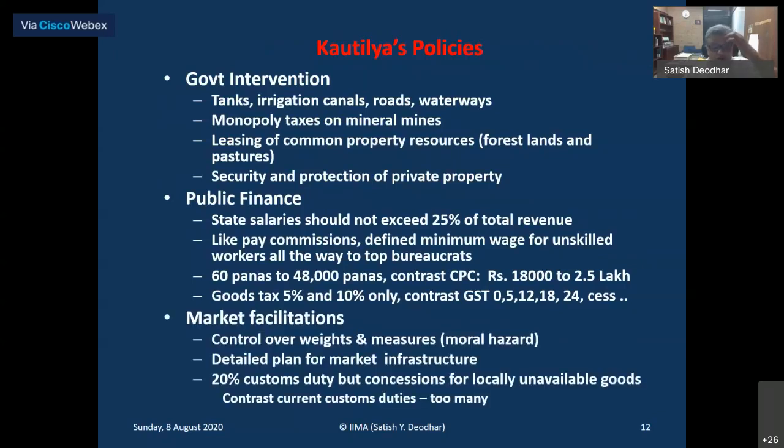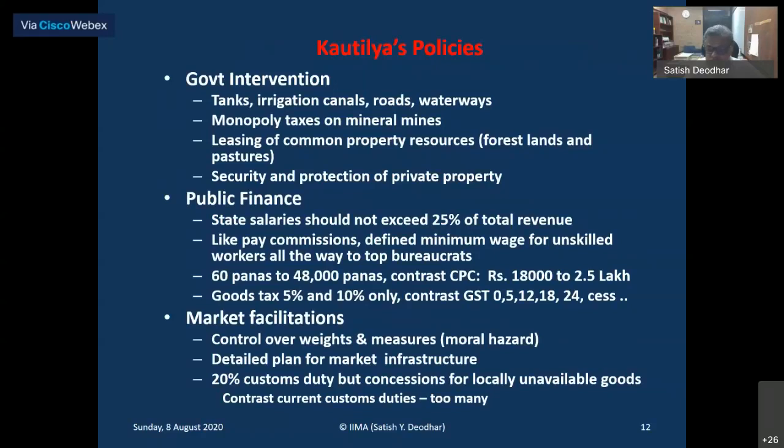Let me talk about market facilitation. Kautilya talked about controlling weights and measures. There's a moral hazard issue. Today we go to the market, and we just believe that whatever weights are used by a vegetable vendor, or a hyper store, whatever electronic weights and measures they have, or the traditional balance and the weights, we believe that they are correct.